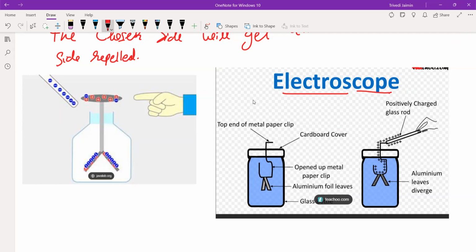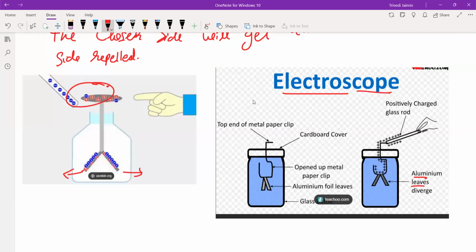Simply, when something charged is nearby, it gets charged up. So this foil here is aluminum. Sometimes they use gold. Gold foil or aluminum foil electroscope, whatever it is, the leaves will move away.